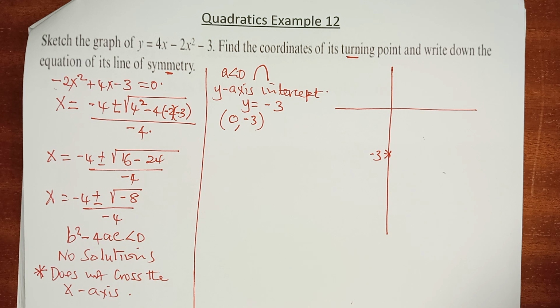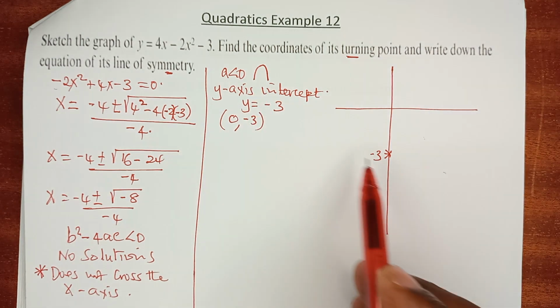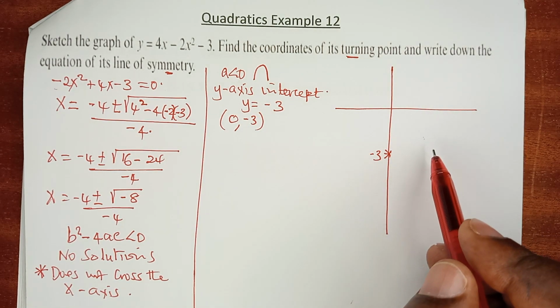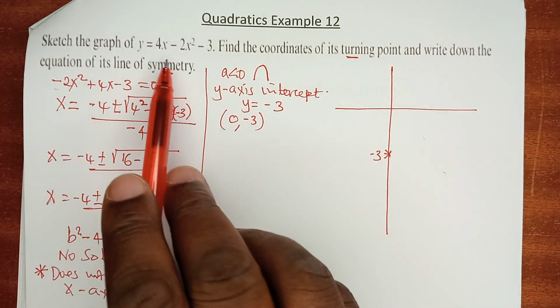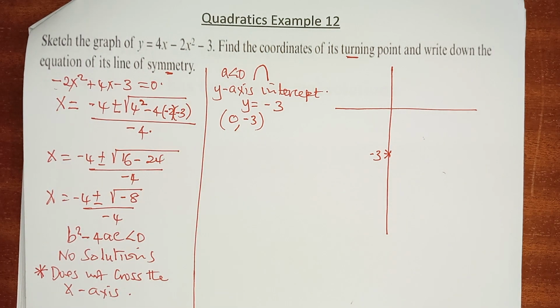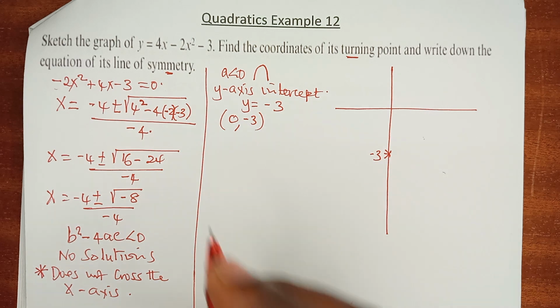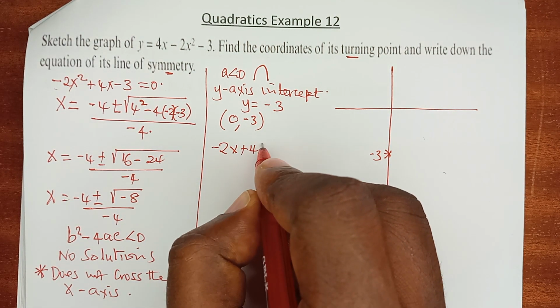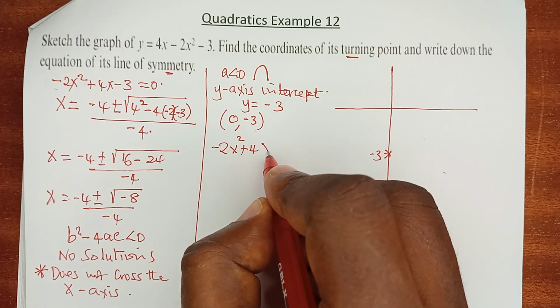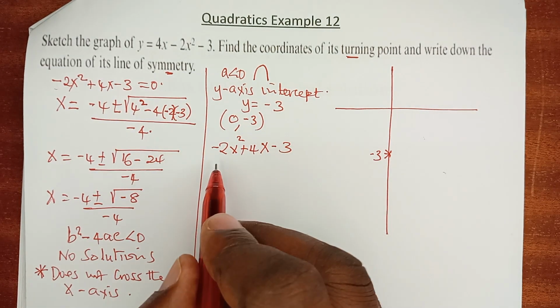We have no solutions, so our graph does not cut the x-axis. The graph is N-shaped, so we expect our graph to be mostly in this quadrant. But what about the turning point? For us to get the turning point, we have to complete the square of that particular equation, which is minus 2x squared plus 4x minus 3.